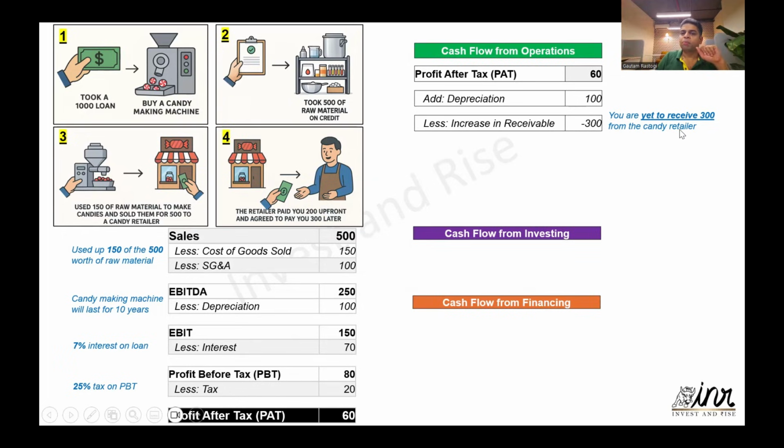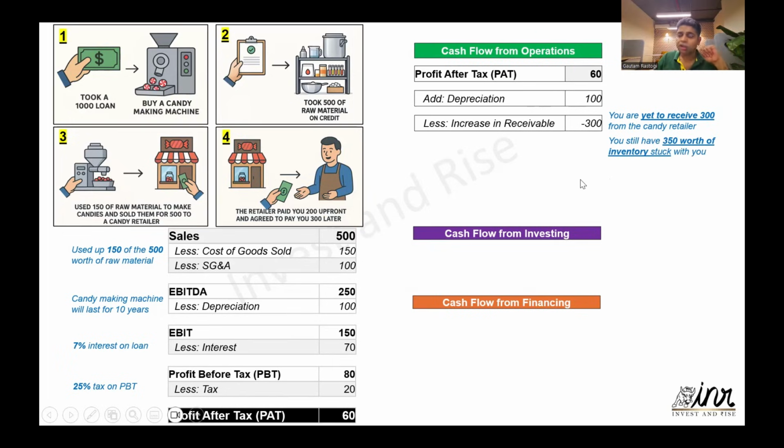So that 300 rupees you have to remove because that's not with you, that's tied up with the customer. So that is also called receivable because that money you have not received yet, although you have booked the sale. तो आप 300 हटा दो.